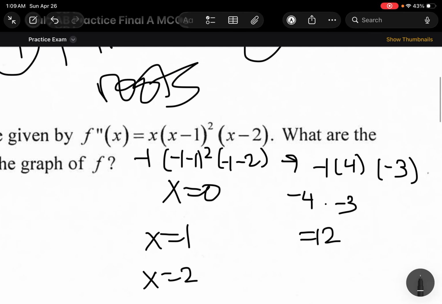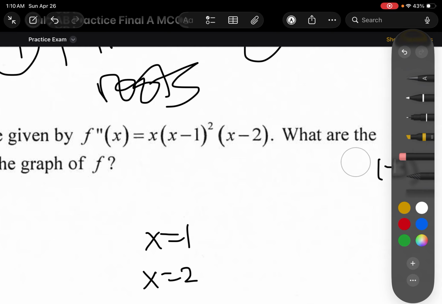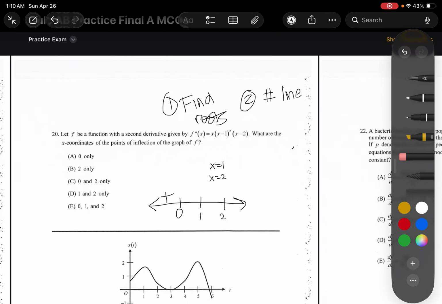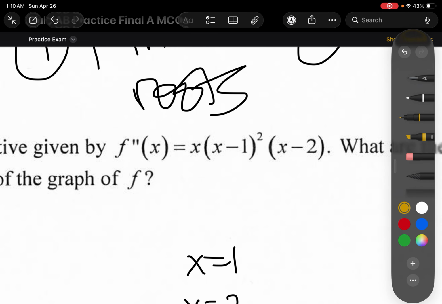Now, from 0 to 1, the value in between those points is going to be 1/2. So let's plug in 1/2. I'm going to visually show you the algebra when I plug in f double prime of 1/2.